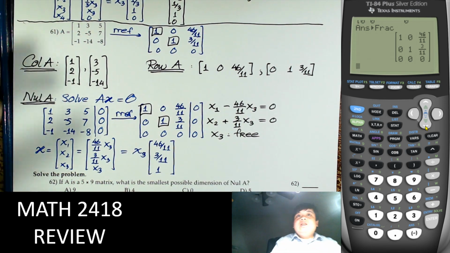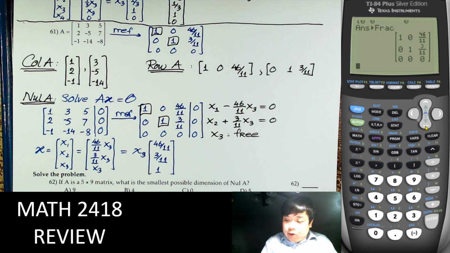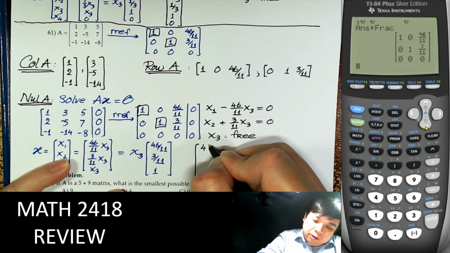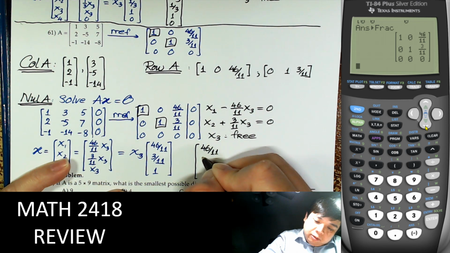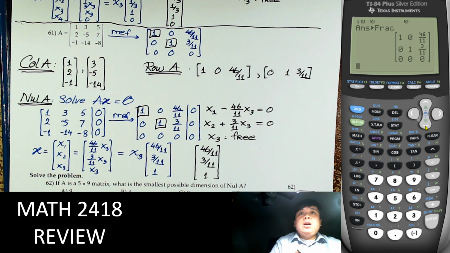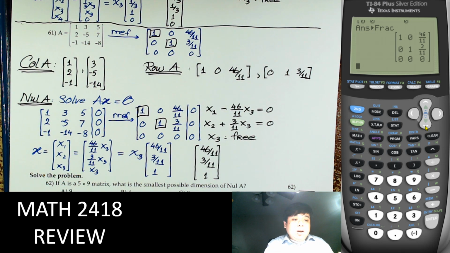And that will be the vector for the basis of the null space of A. Right. So that is how we find the basis for the column space, the row space, and the null space.